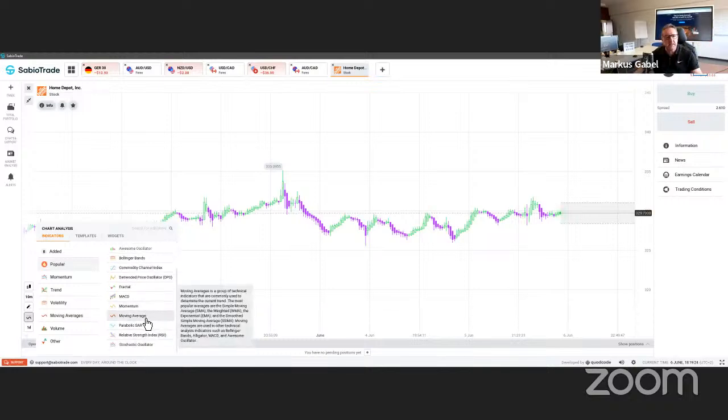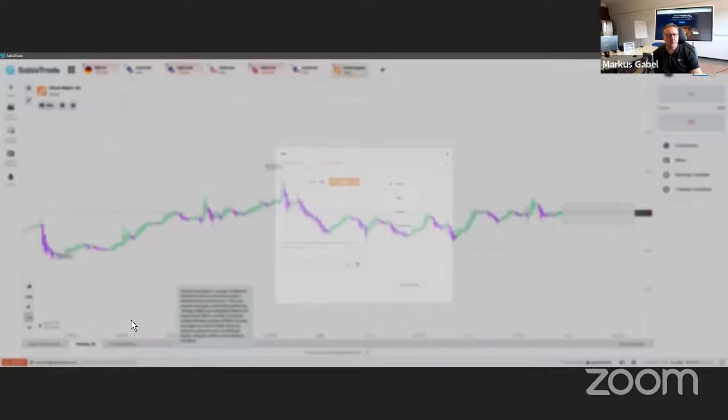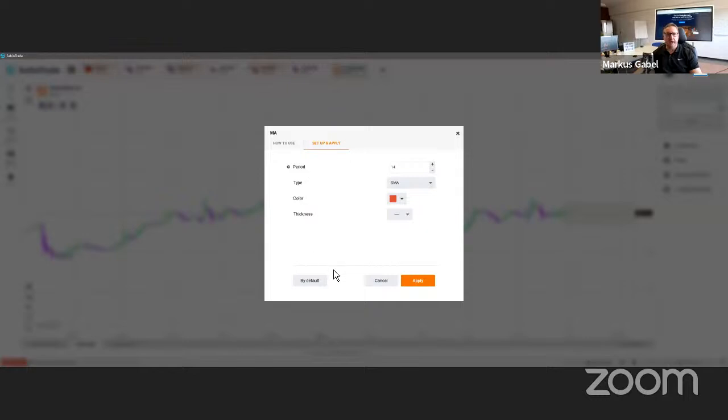So let's see a moving average, for example. So click on moving average. Then this display is going up and you say, okay, I want to see the 50 moving average, smooth or exponential or weighted moving.